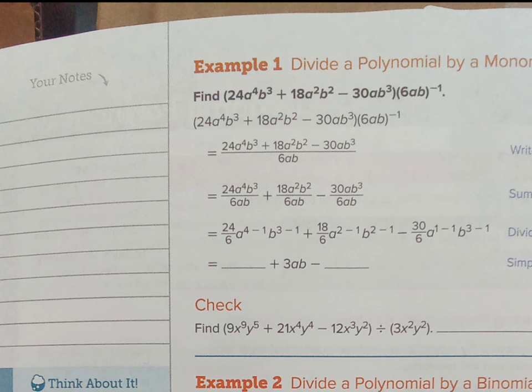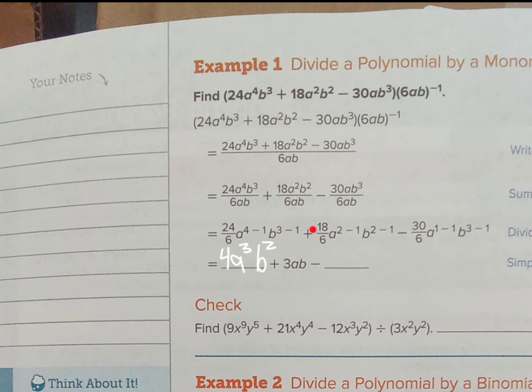Okay, so they go through it fairly dramatically, like 24 over 6. If we're dividing like bases, we subtract the exponents, 4 minus 1, right? Dividing like bases, subtract the exponents, 3 minus 1. And so that one is going to be 24 divided by 6 is 4, a to the third, b to the second. They did the same thing here. 18 divided by 6 is 3.